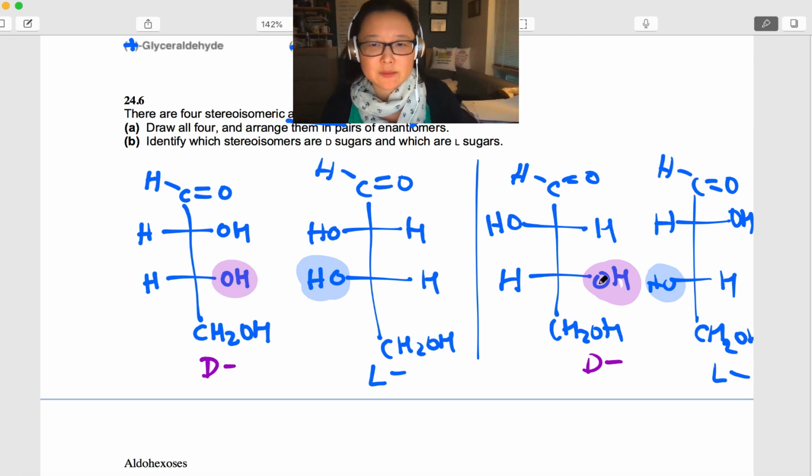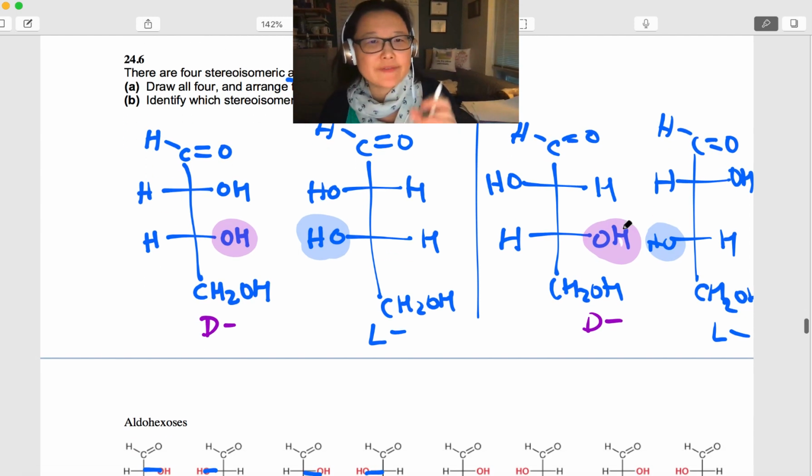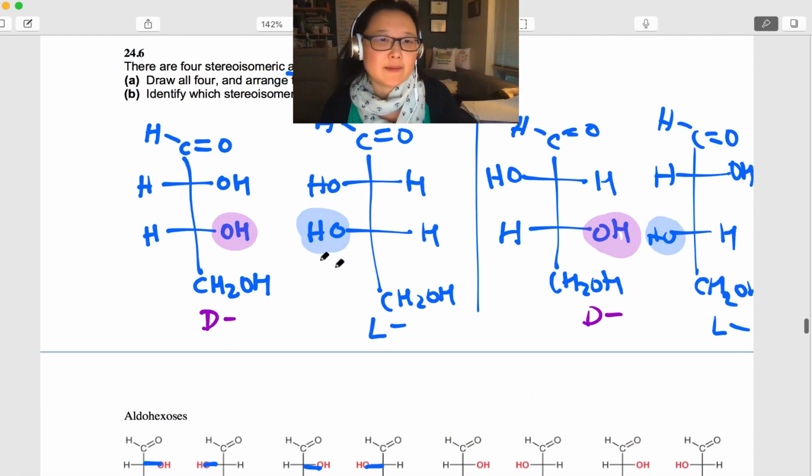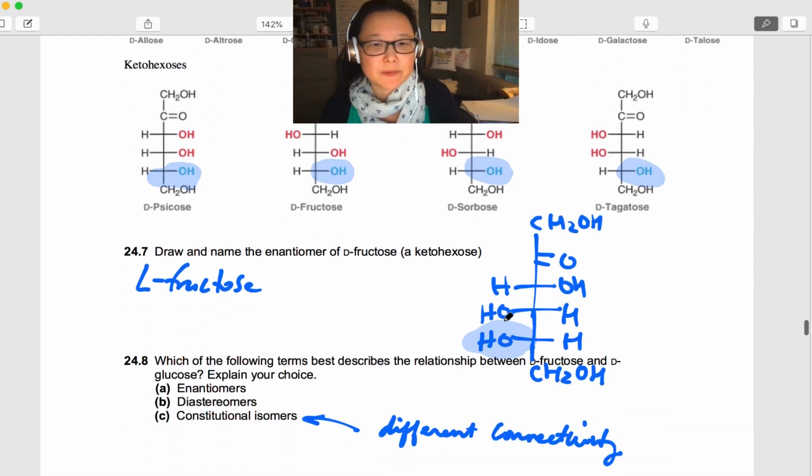So any combination of this one with one of these is a diastereomer. Okay, so they're very similar, but their inverted centers are not completely opposite, like in an enantiomer.